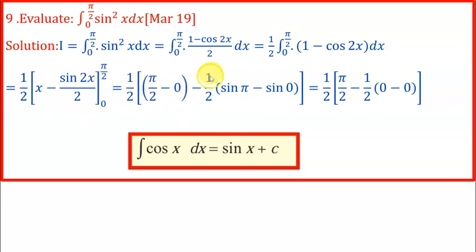And minus 1 upon 2 here, next x is replaced by pi by 2, then you get sin of pi, next x by 0, then you get sin of 0. Therefore, pi by 2 minus 1 upon 2 sin of pi is 0, and overall you get 0. That is 1 upon 2 into pi by 2, then you get pi by 4. And therefore, this is the answer.